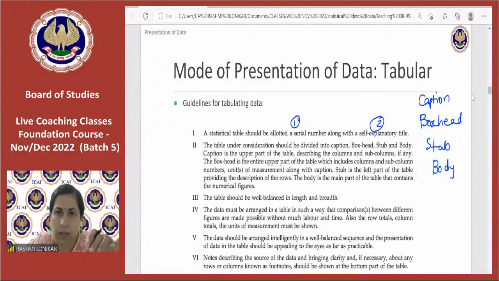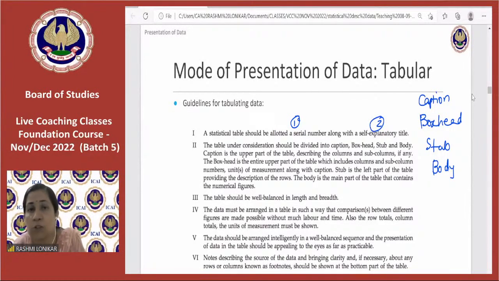Then stub is the description of the rows. So stub is usually on the left hand side, and it is going to describe all the rows of the table. And body is the information that you have. Okay, that data you're going to put in the body.